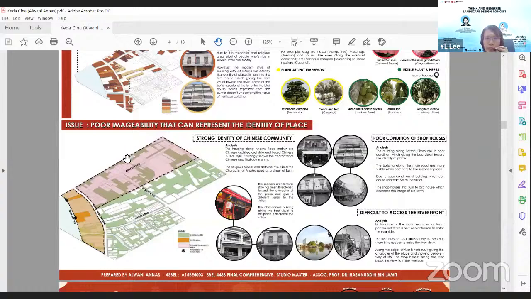So I can emphasize here, when you want to do the study on identity, you need to pick what identity is diminishing to a certain place. Do the physical properties of a place affect the identity, or the intangible part? For her, she mentioned the physical.